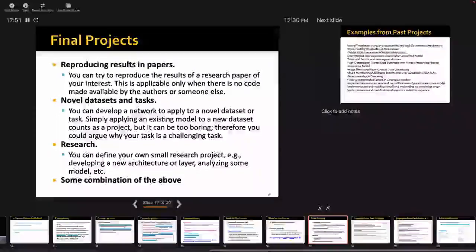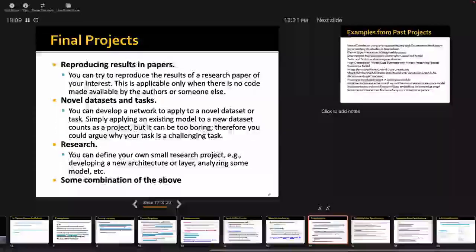Okay. And another idea is to do some kind of mini research. You can define your own small research projects. For example, you can develop a new network architecture or a new layer, right?